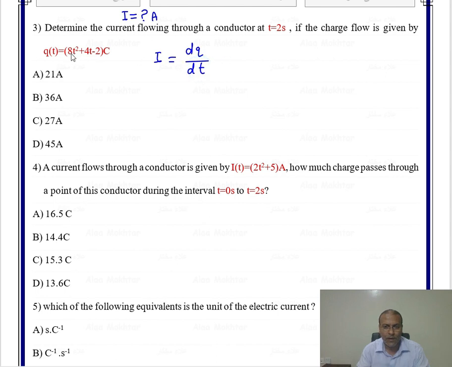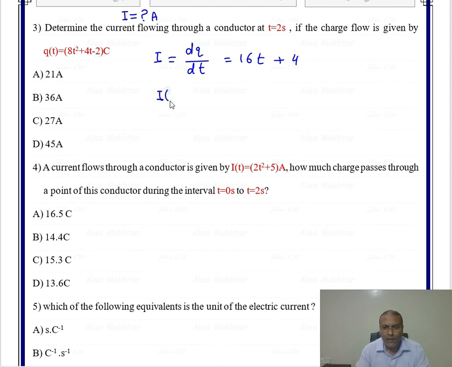How can we differentiate this one? 2 multiplied by 8 equals 16t, plus 40. The derivative of 40t is 40, only 40. The derivative of negative 2 is 0.